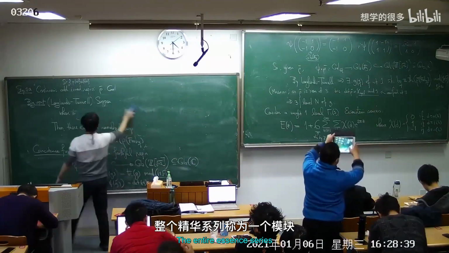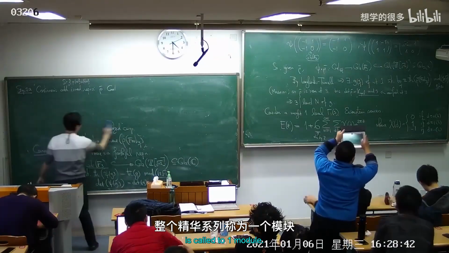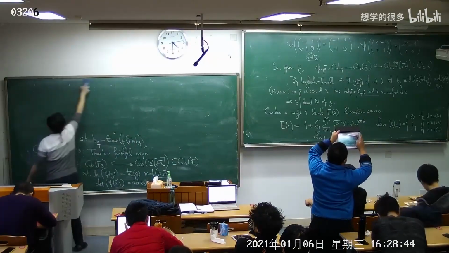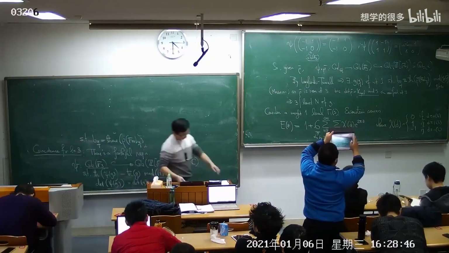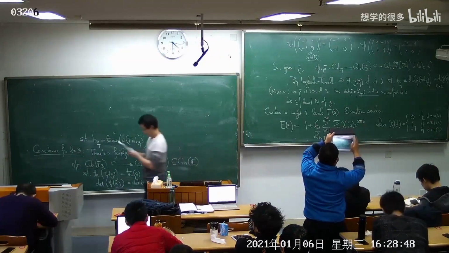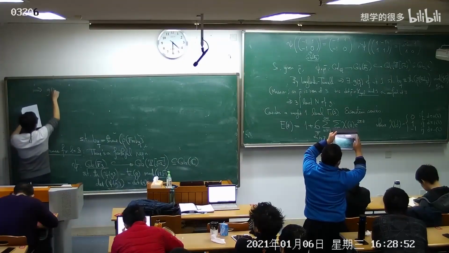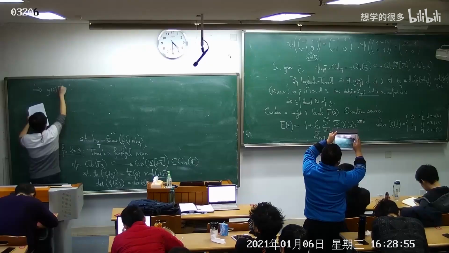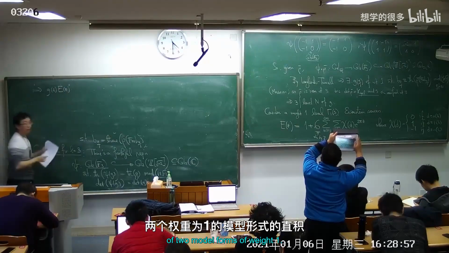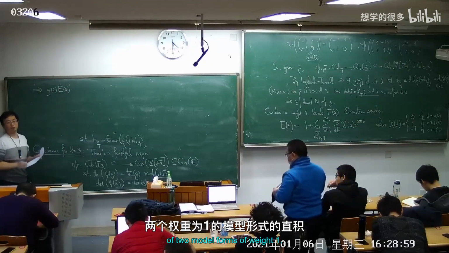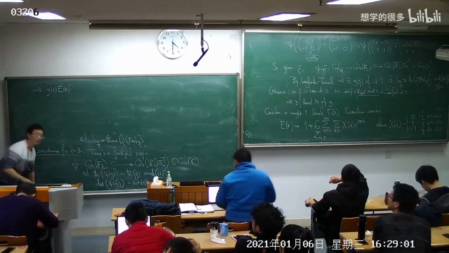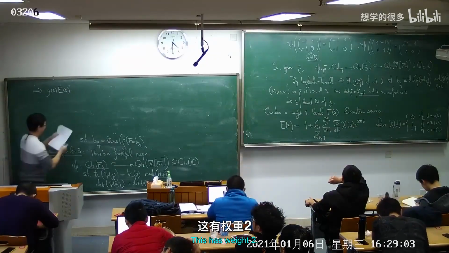This entire Eisenstein series is congruent to 1 modulo 3. Now I'm going to take g times E, the product of 2 modular forms of weight 1. So I get weight 2.